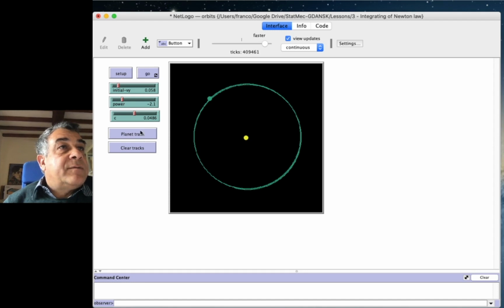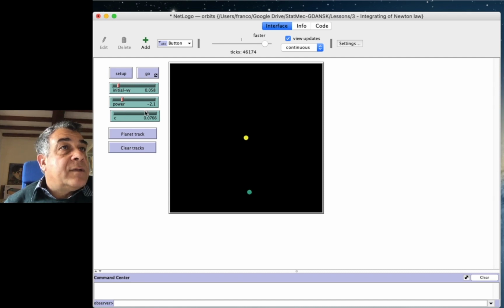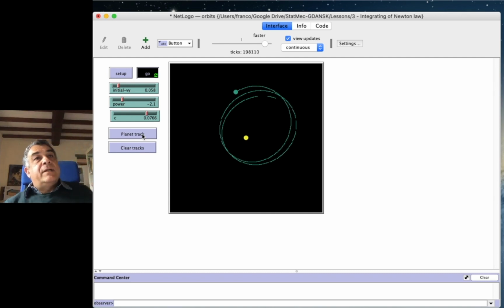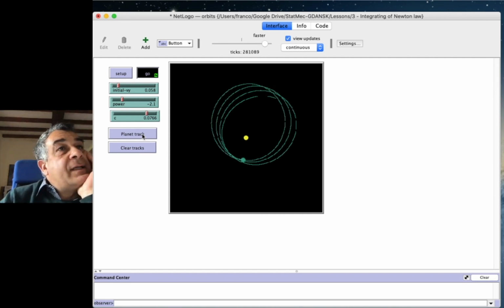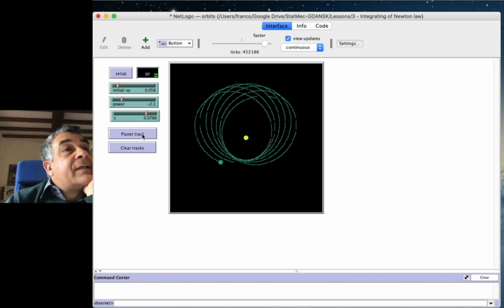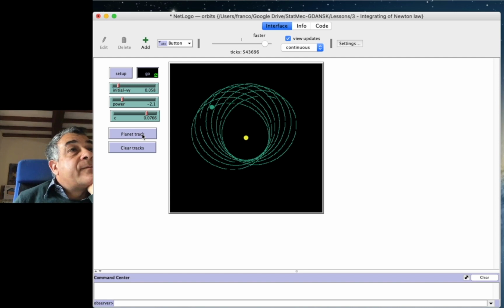We don't notice this because it is too, let's say, higher values of C, so that it is no more, it is more elliptical. And again, we can have different rosettas, but not a closed trajectory.